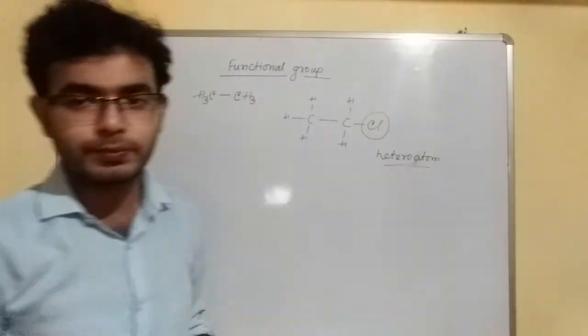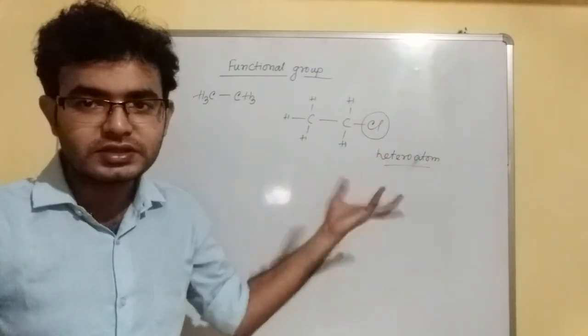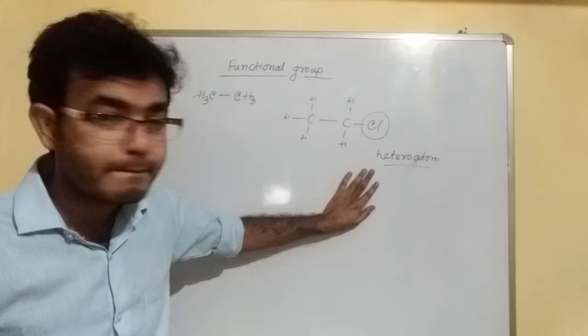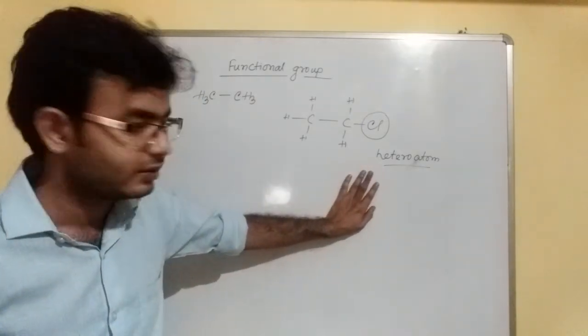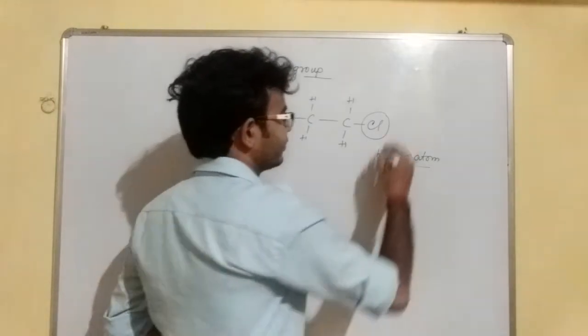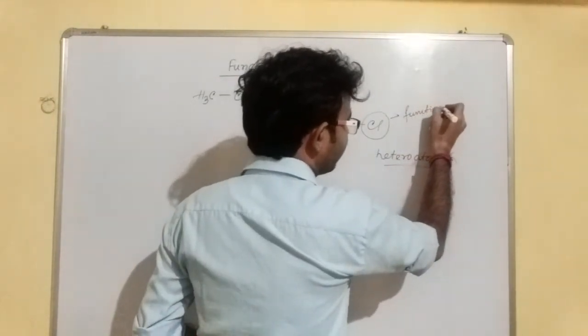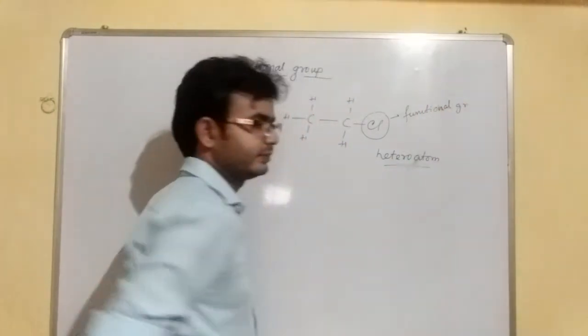This heteroatom provides a different character to this compound. So what are these called? They are called functional groups. So chlorine is a functional group, right? Remember this.